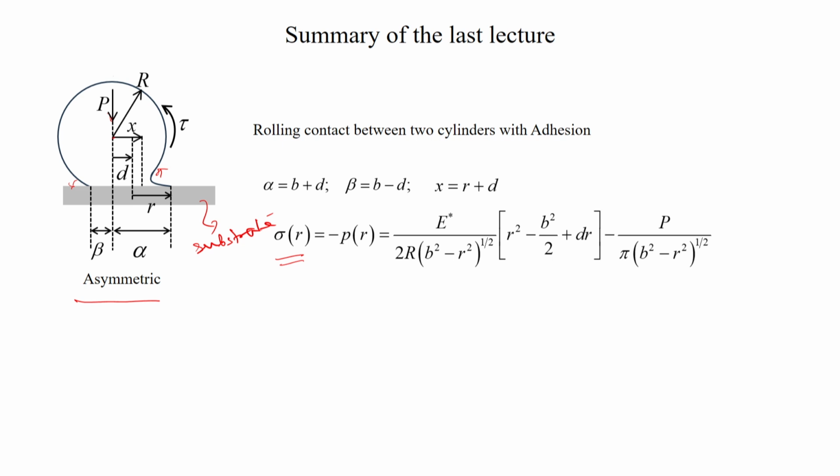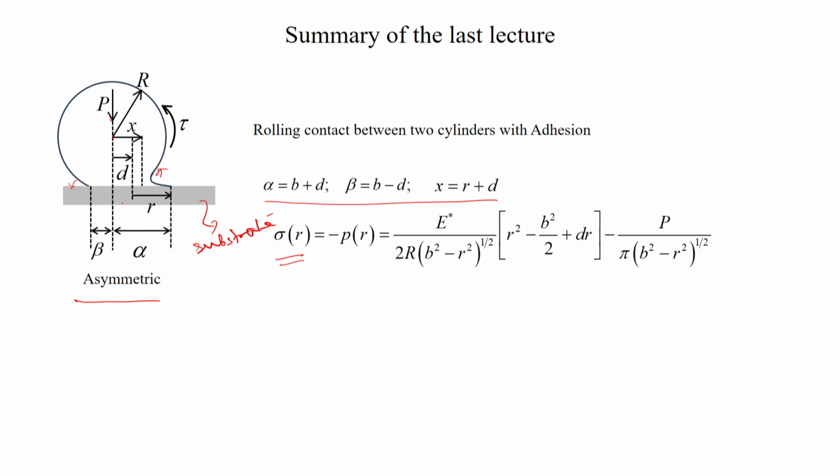However, to take care of the asymmetry, we use this kind of transformation where alpha is equal to b plus d. So, in essence 2b is the total width of this contact. That is why alpha plus beta is equal to 2b.